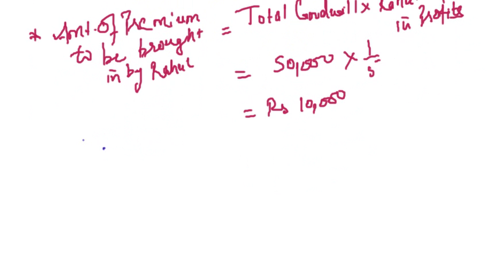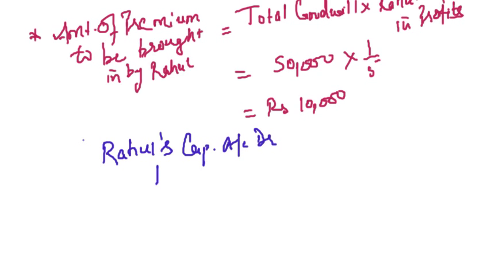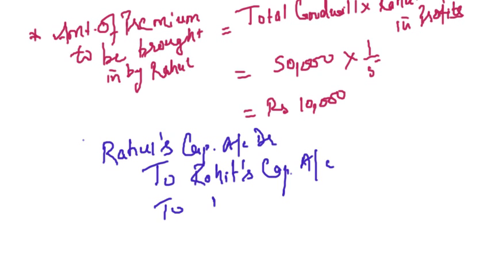The journal entry will be Rahul's capital account debit, to the old partners, to Rohit's capital account and to Bal's capital account.